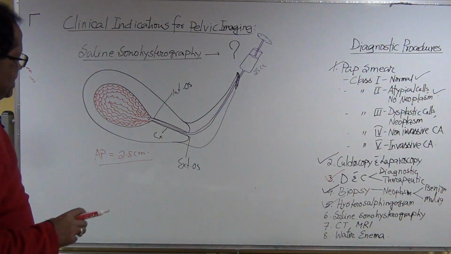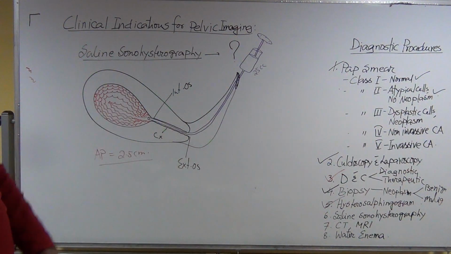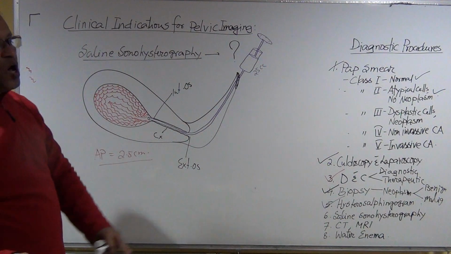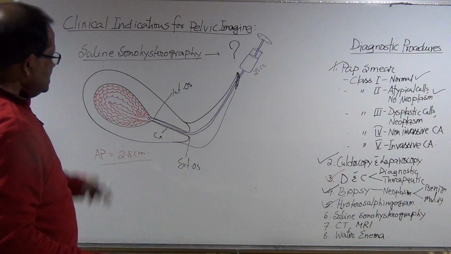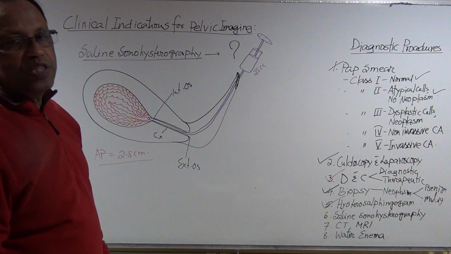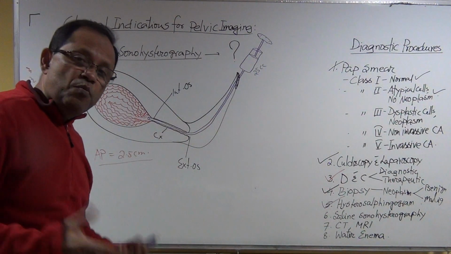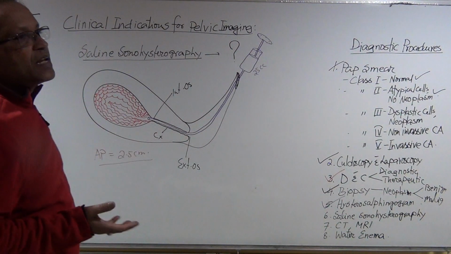Okay, this is endometrial, but you don't know, is it simply hyperplasia or there is a polyp, or there is a mass, malignant mass inside. It looks homogeneous when there's a polyp. When there's a hyperplasia, it looks homogeneous, medium to little higher echogenicity.